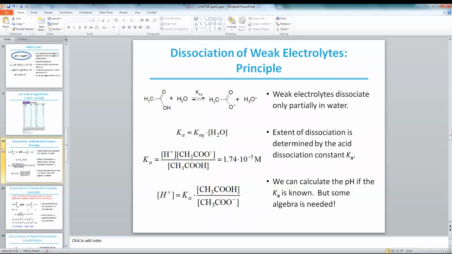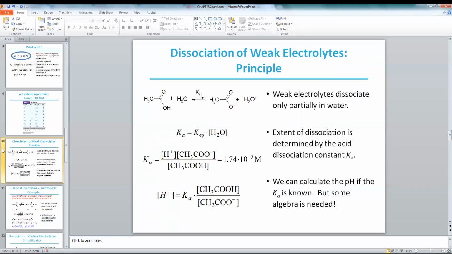Now, if we take a look at strong acids, we know that those are going to dissociate completely. That means that HCl is going to, in solution, become H+ and Cl- completely. It's going to dissociate so that there's no HCl left, there's only the two ions. But what about weak electrolytes?